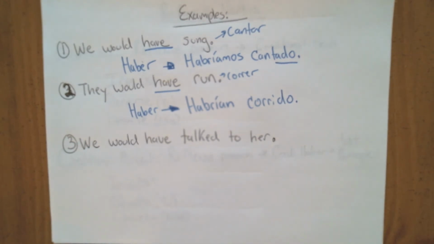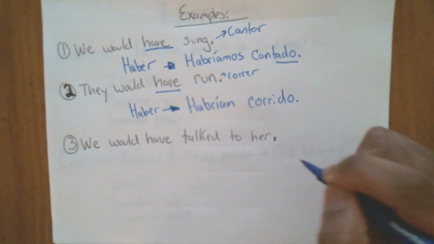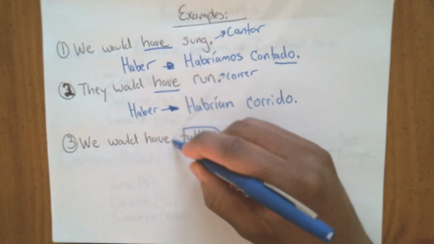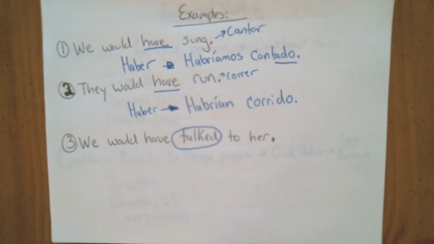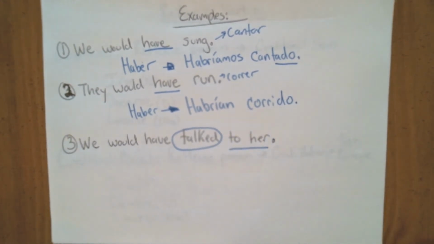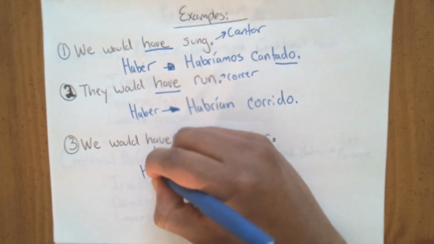And then finally we have, we would have talked to her. Now this one is very interesting because we've switched from a more common verb we've used, now we're using talk, hablar. And typically here, to say talk to someone, that's the interesting part, you would say with that person, not to that person in Spanish. So your verb have here is haber.